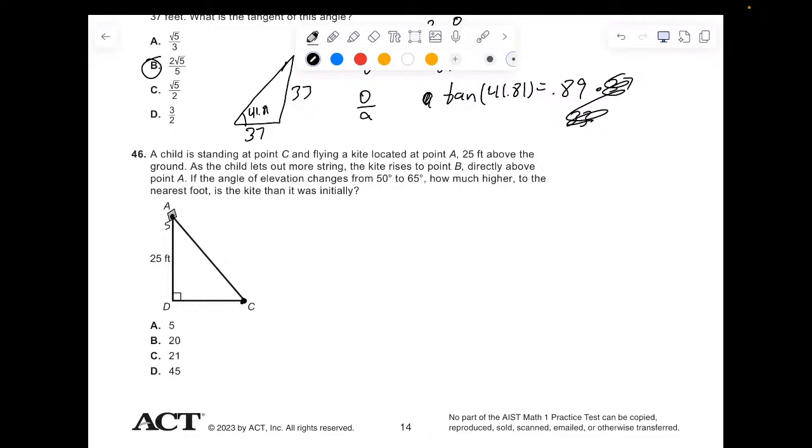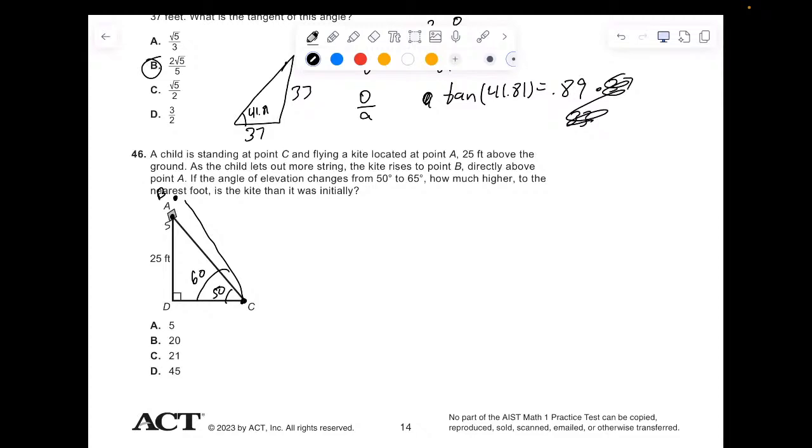As the child lets out more string, the kite rises to point B, directly above point A. If the angle of elevation changes from 50 to 60 degrees, how much higher to the nearest foot is the kite?